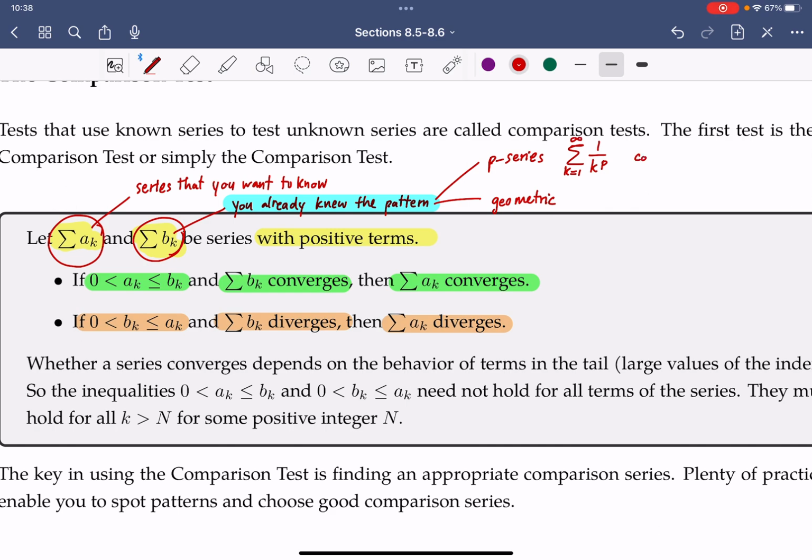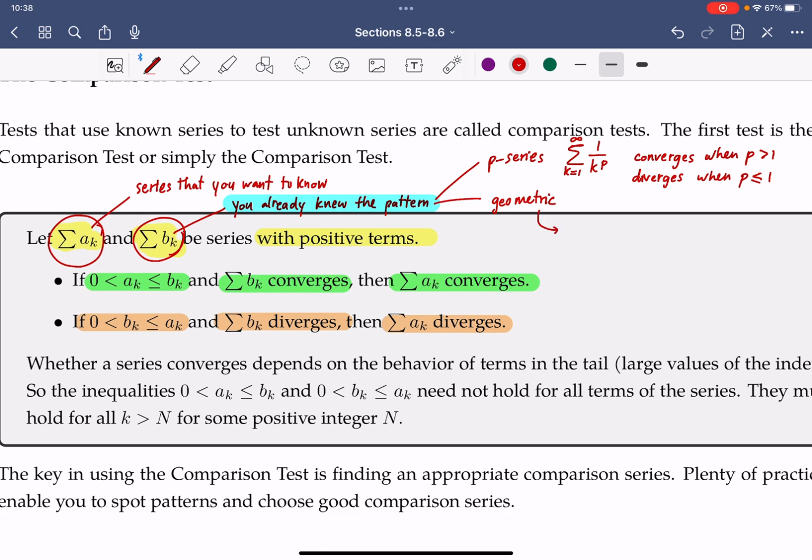This one is convergent when P is bigger than 1, and it is divergent when P is less than or equal to 1. So this is the P series that we learned last time. We will use this a lot.